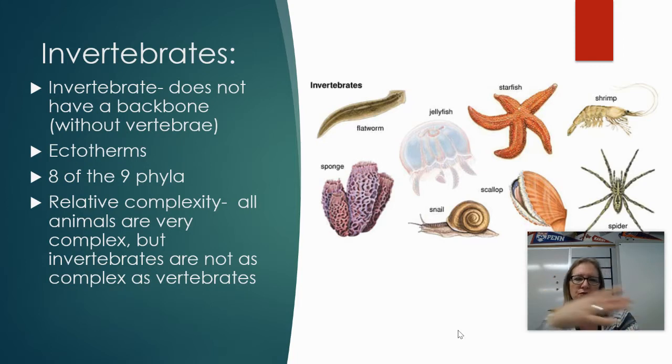As we go through this list of 8, the animals are going to kind of start getting more and more complex. We're going to start with the most basic animals and get more complex until we actually hit the vertebrates, which are the most complex, okay? But it's all relative. So we have this thing known as relative complexity, because even the simplest of animals is an incredibly complex creature.